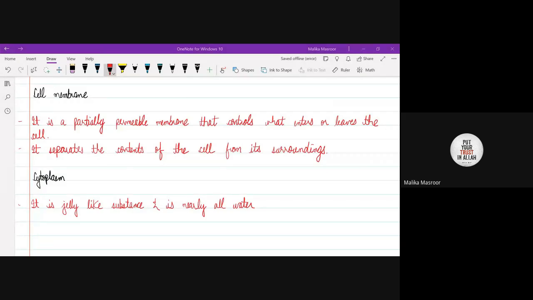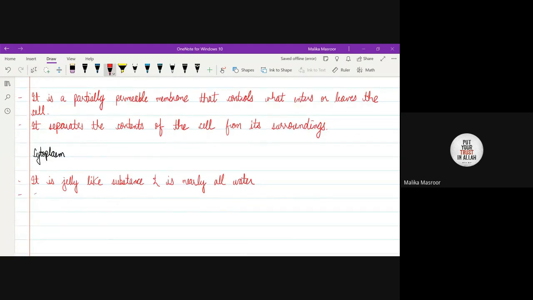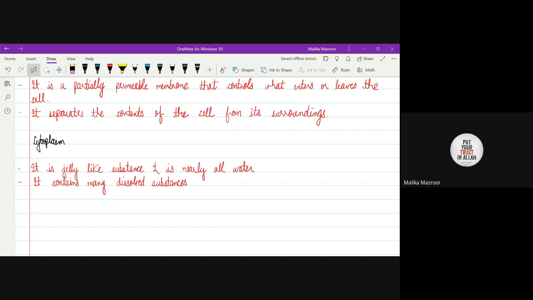It contains many dissolved substances. And different metabolic reactions take place in the cytoplasm.